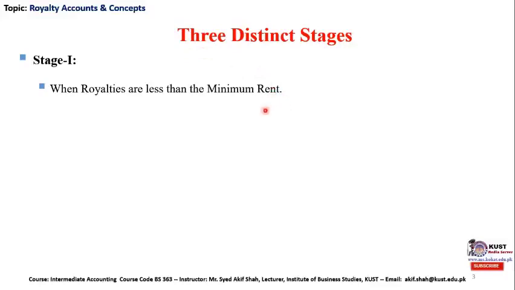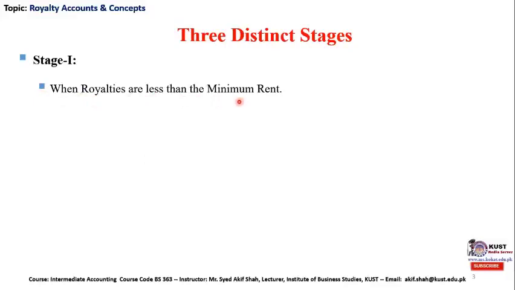When the royalty is calculated on the mine's extraction, let's suppose we are taking the example of a coal mine, and the output units are quite less than the expected minimum rent to be exceeded later on when the royalties will be calculated, then we say this is the first condition when the royalty fee might be lower than the minimum rent.